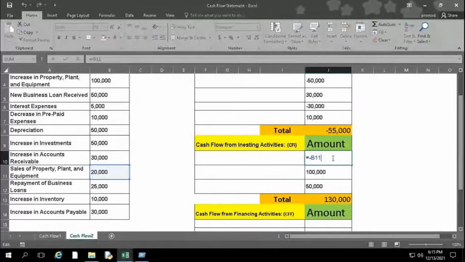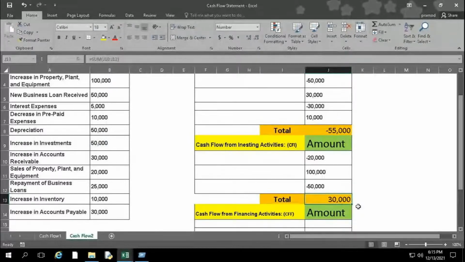So we will make it as positive. No, wait, we will make dividend minus. Now, how much are you getting? 50,000, sir. If we minus, we'll get minus 50,000.